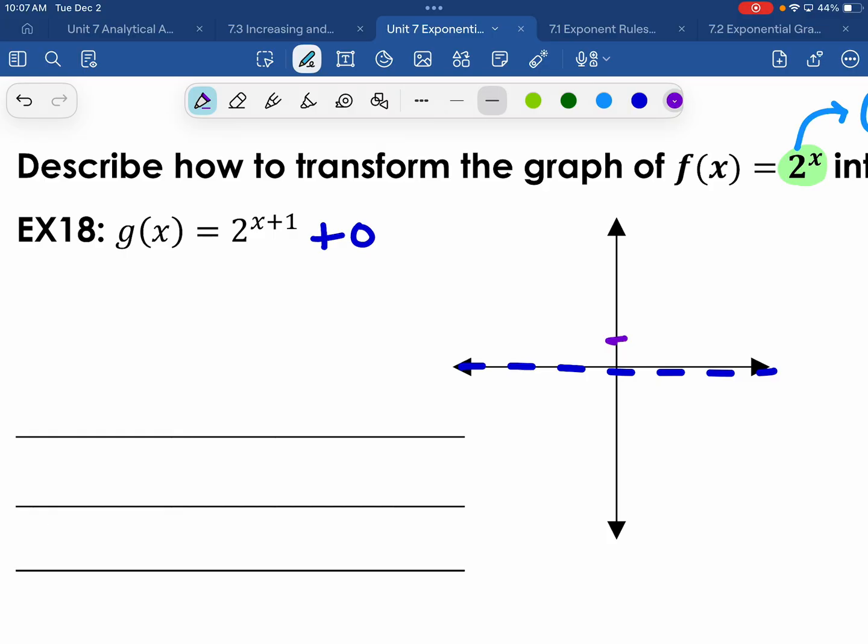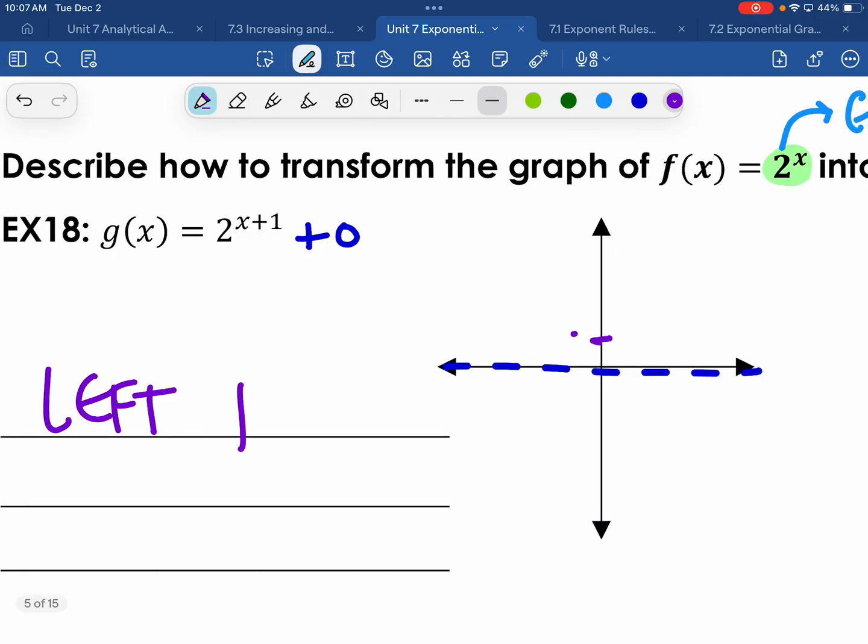But you got to think about your transformations. So we don't have any up-down shift. What is that plus 1 going to do? Left. All right, that plus 1 is going to move it to the left one. So normally when you're starting at 1, we're actually going to move to the left. So your starting point's going to get moved left 1. And then all of these guys are growth, so we're going to start toward my asymptote, and we're going to grow away.